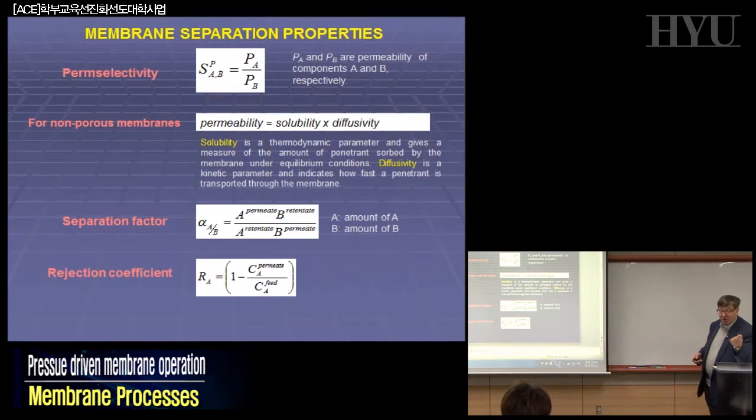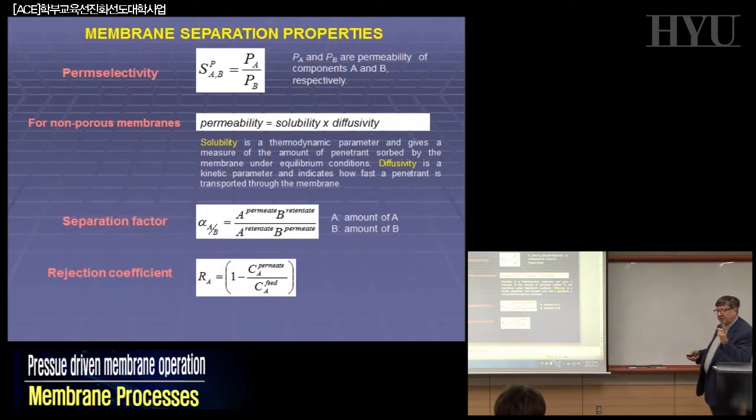If it is nanofiltration, you will find 50% rejection for some species, etc. This number is indicated as R normally, of the species A, 1 minus the ratio between the concentration of the species A in the permeate, downstream of your membrane, divided by the concentration of the species A in the feed, in the retentate, upstream of your membrane, which means in the same form you can also write Ca in the feed minus Ca in the permeate divided by Ca in the feed.